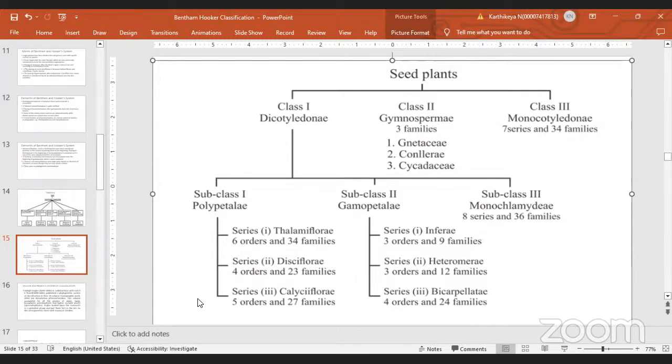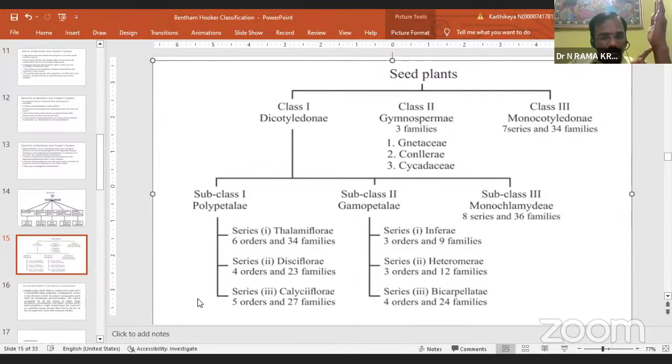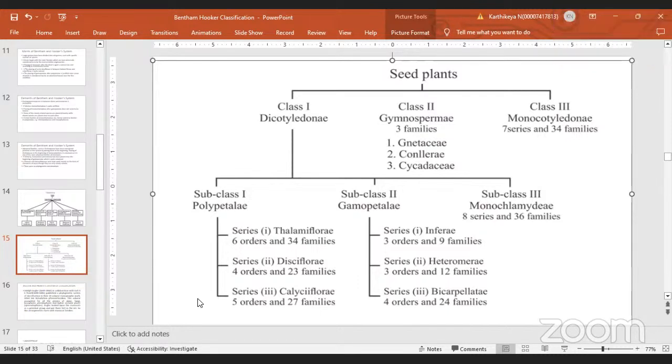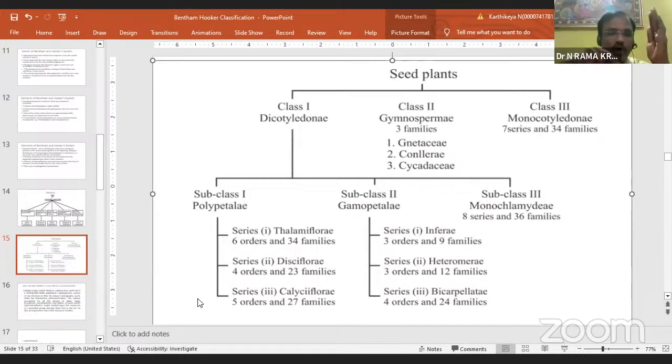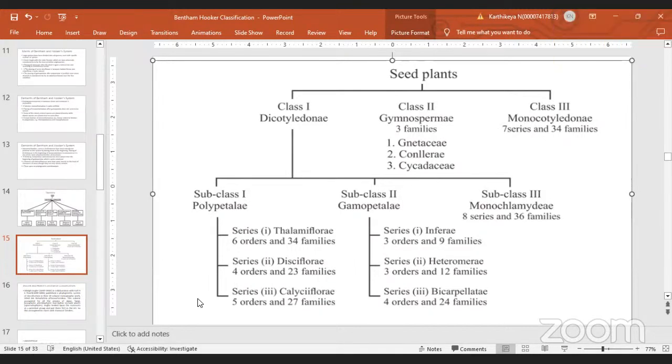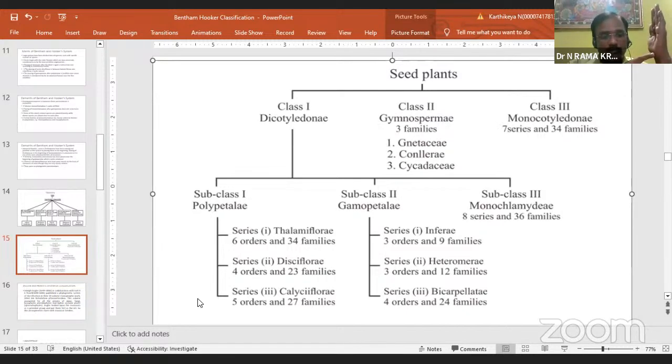Below the ovule is the thalamus, the base. Above the thalamus we see the calyx, corolla, and androecium. Below the ovule, above the thalamus, the ovary is in a high position.